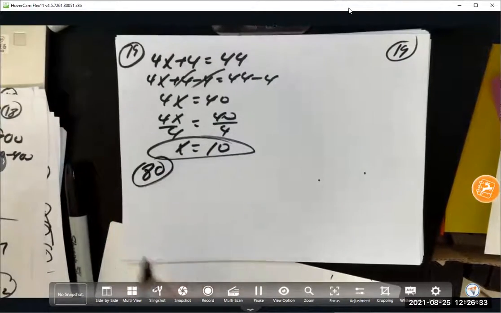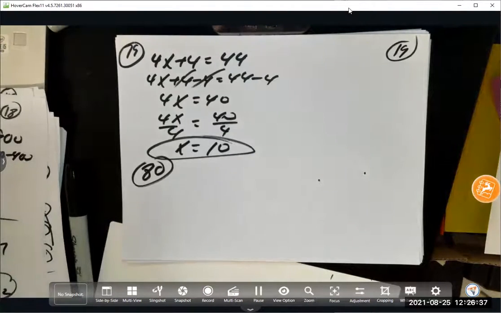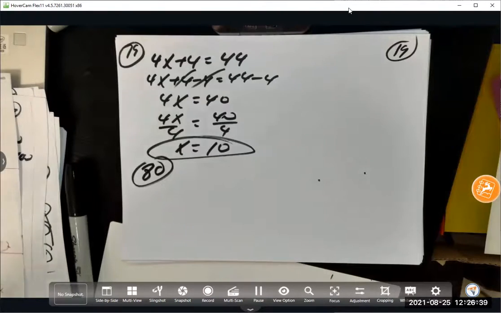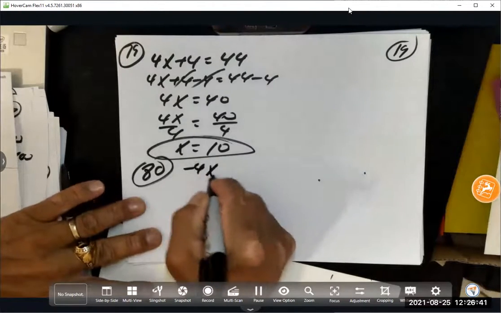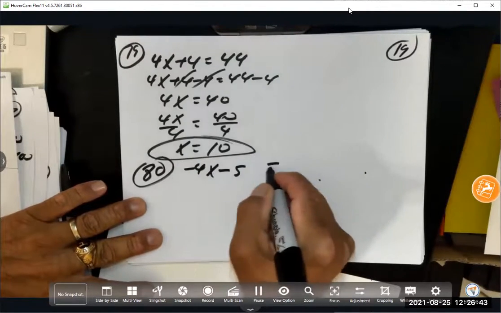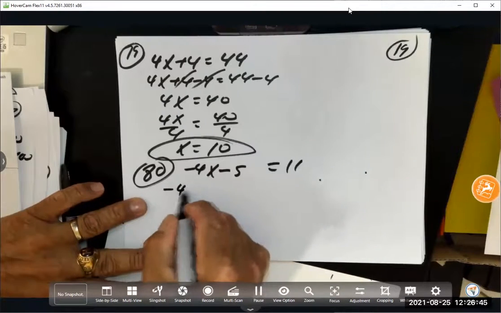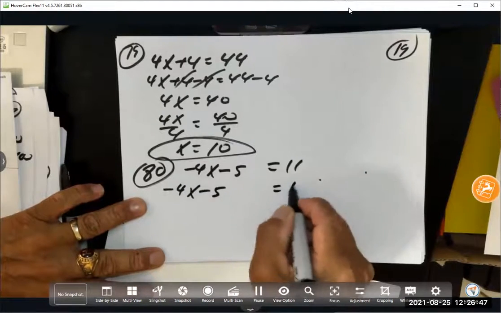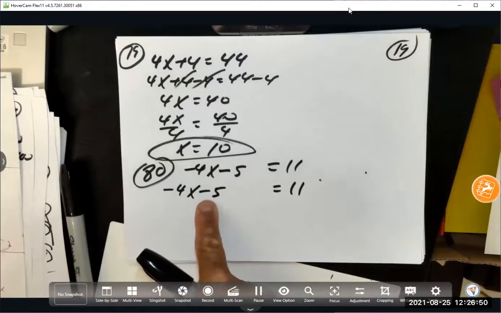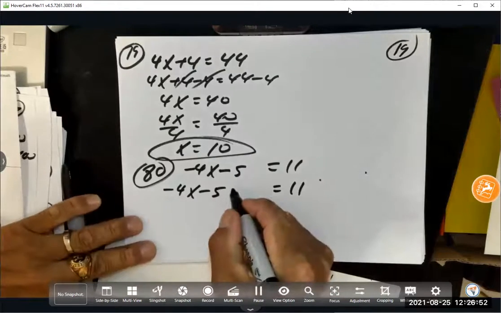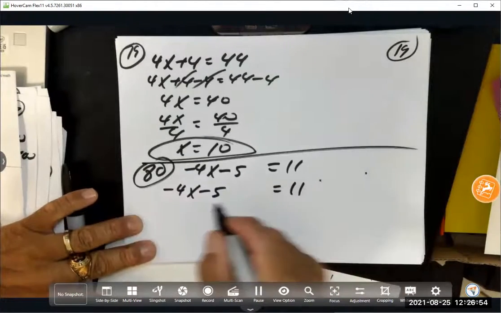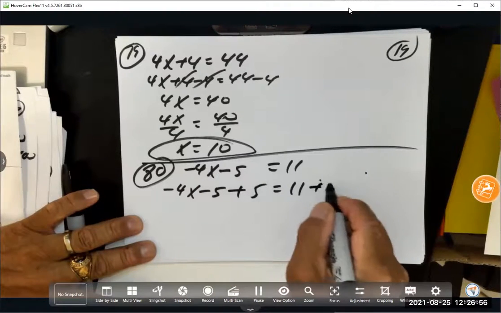Number 80. One more. This is the last one I'm going to do today. Negative 4x minus 5 equals 11. So look at the number. I have a negative right there. So what do you think I could do? What's the opposite of this? Plus. Add what? 5. Add 5.